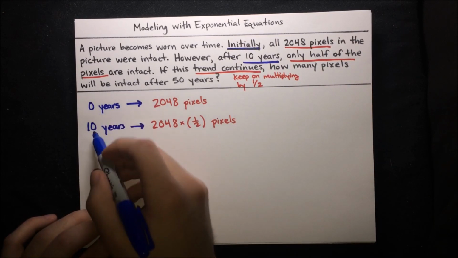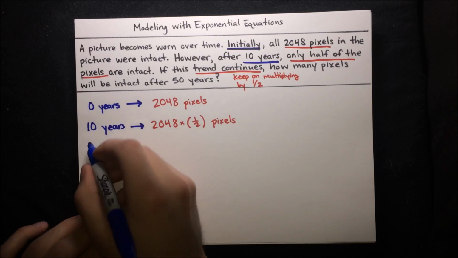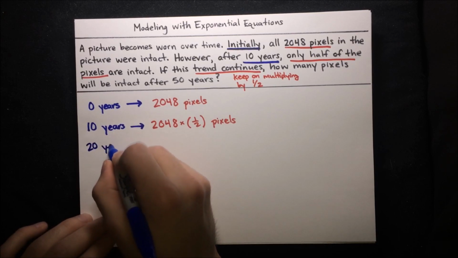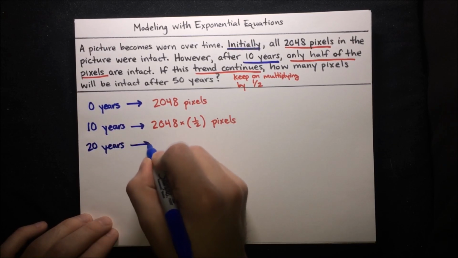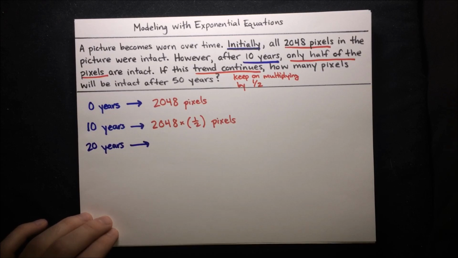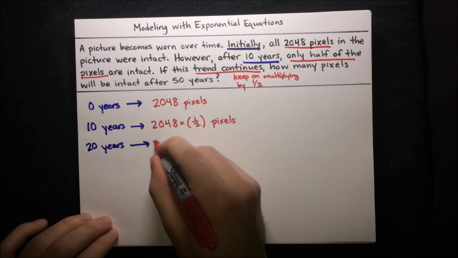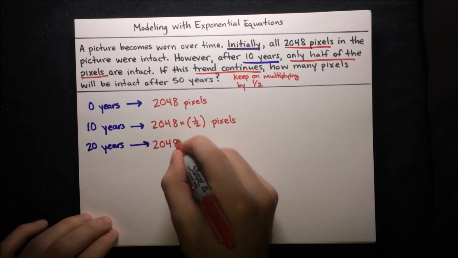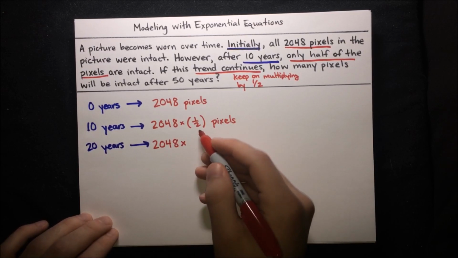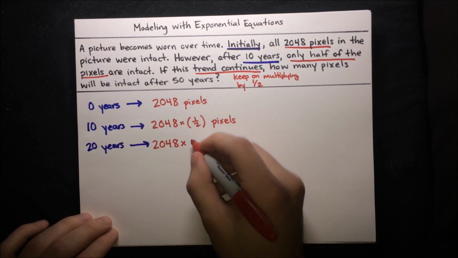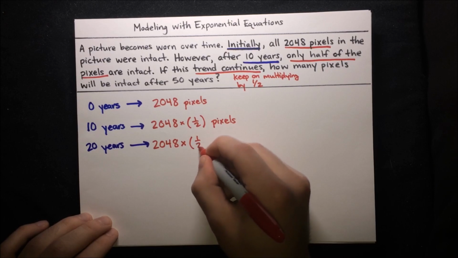So our next data point then should be 10 years after 10 years, which is 20 years. And the number of pixels at 20 years should be a half of the previous number. So 2048 times a half again, which, as we saw previously, is just a half squared.